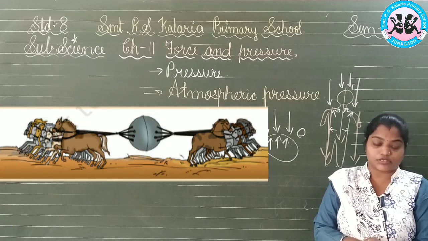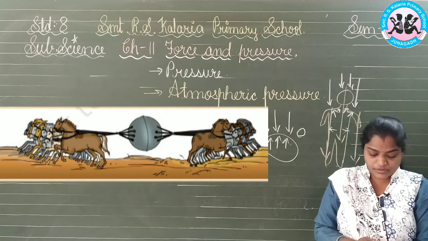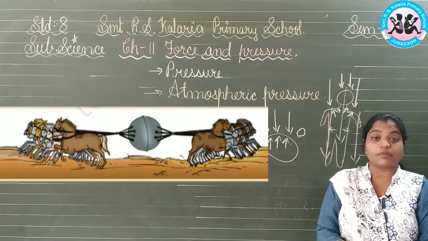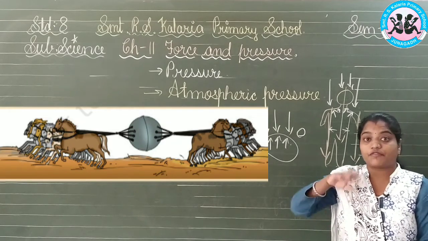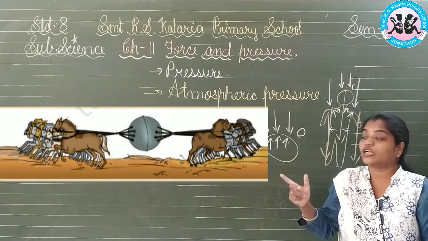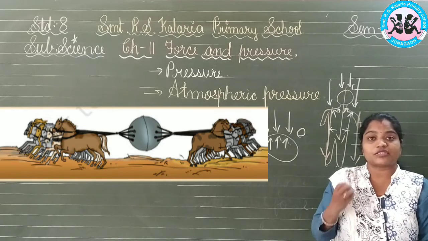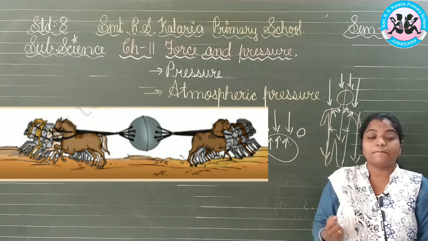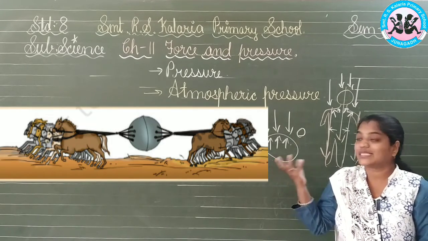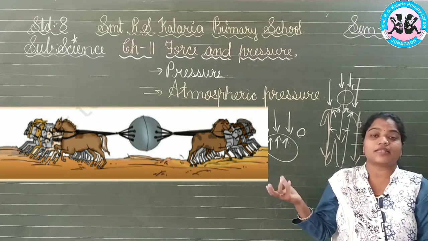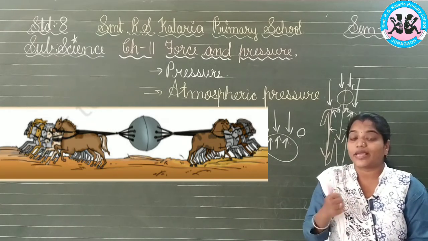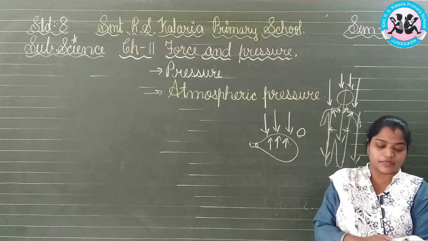So great was the force of the air pressure that the hemispheres could not be pulled apart. Even after giving a lot of force they were not parted, meaning the air pressure acted so hard on these hemispheres that the horses could not do anything by applying force to it.